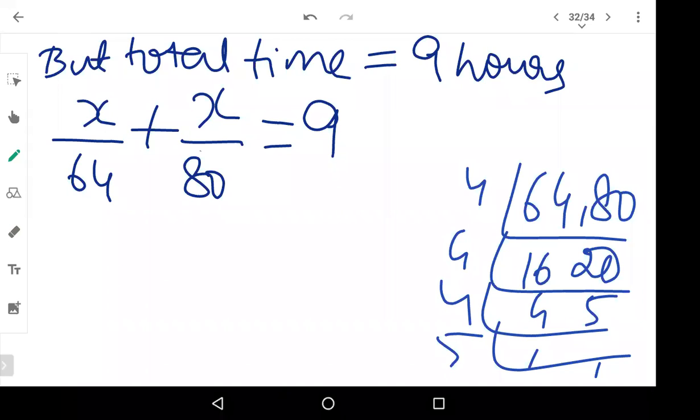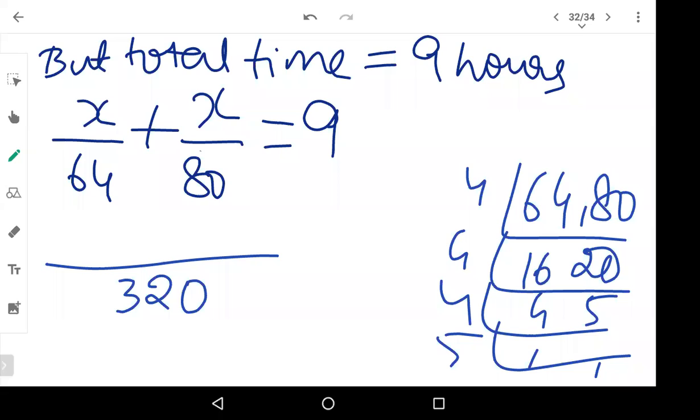So 4 into 4 into 4 into 5, we get 320. If the LCM is 320, then what should I multiply? I should multiply 5x here, since 64 fives are 320. And again for 80, I have to multiply 4x, equal to 9.